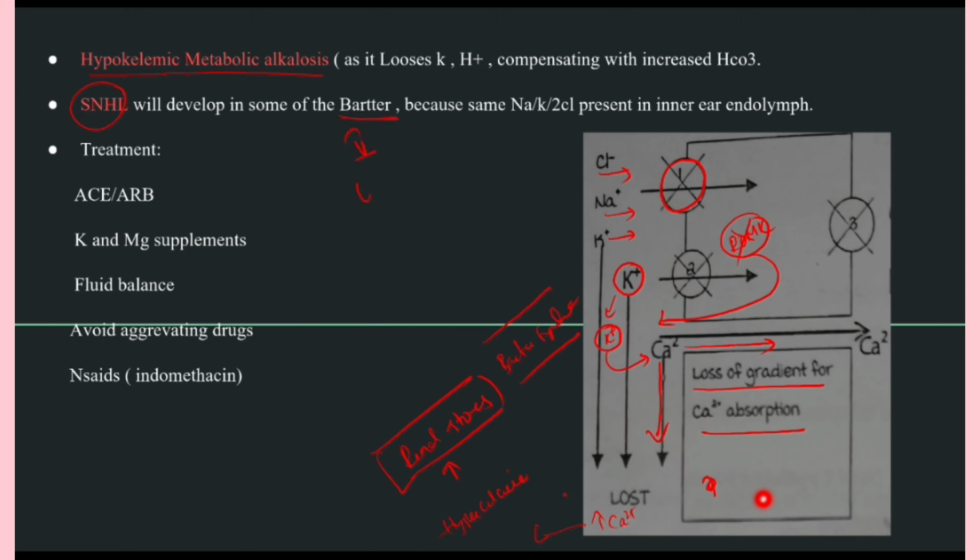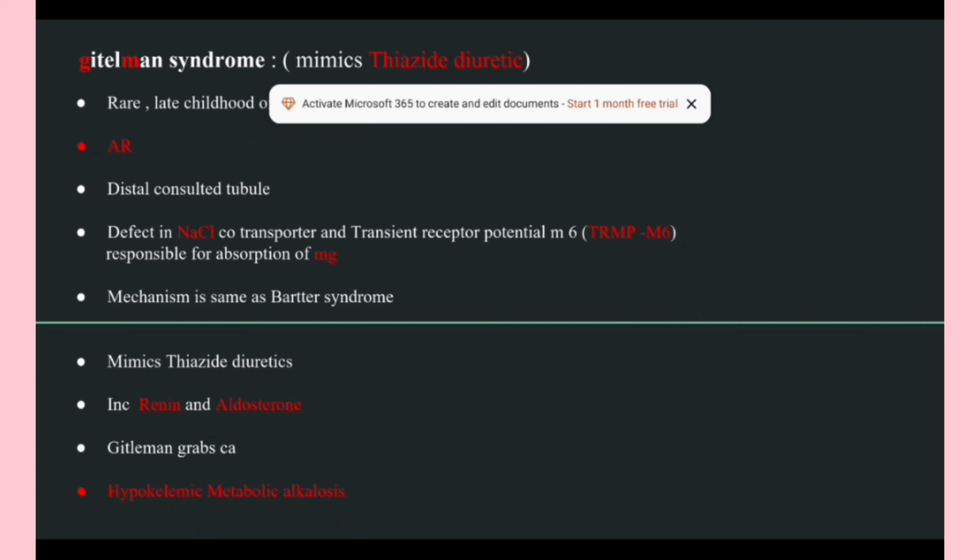In type 4, we can see SNHL along with other symptoms because the same sodium potassium 2 chloride channel is present in the inner ear endolymph. So what are the treatment options for Bartter syndrome? We can use ACE inhibitors and ARBs, potassium supplements, magnesium supplements, and fluid balance to correct the hypovolemic status, and avoid aggravating drugs like loop diuretics and NSAIDs.